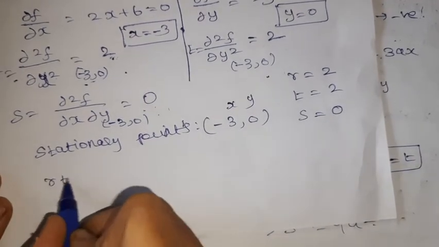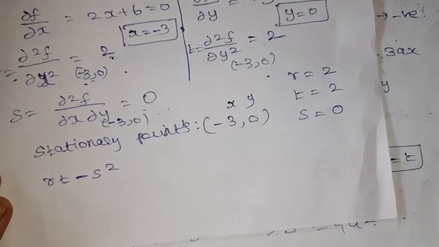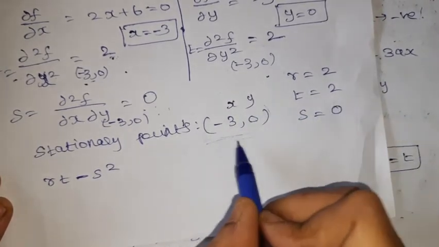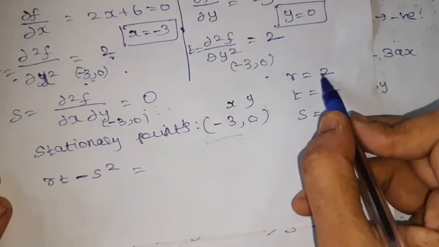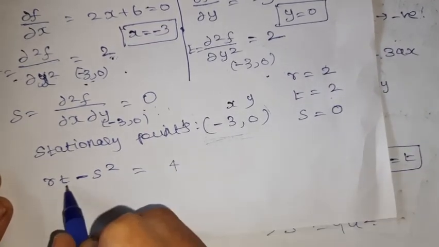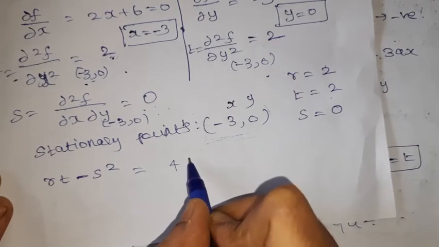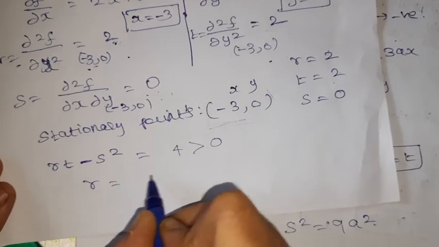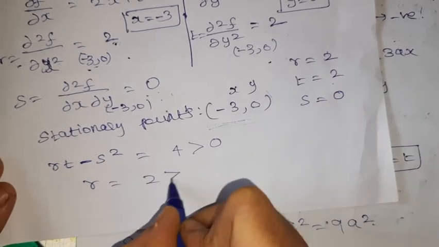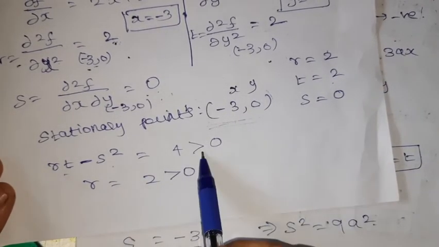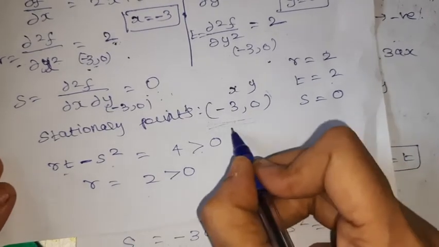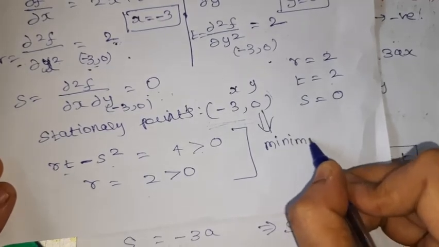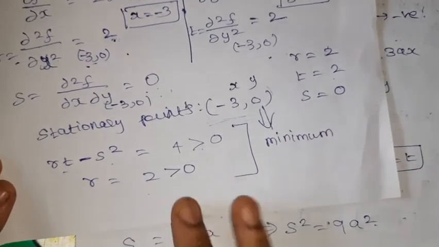Then we check whether the function gives a maximum or minimum value at this point. RT minus S squared is nothing but 4 minus 0, so 4, which is greater than 0. Then R equal to 2 is also greater than 0. So RT minus S squared greater than 0 and R greater than 0 means this point gives a minimum. So minus 3 comma 0 gives the minimum.